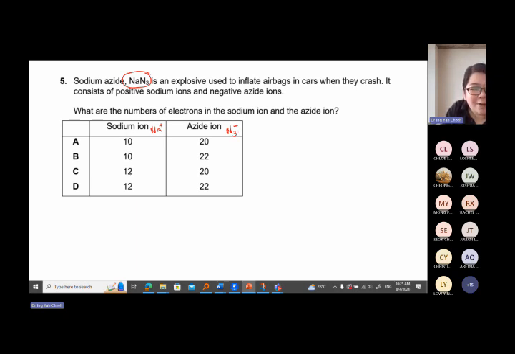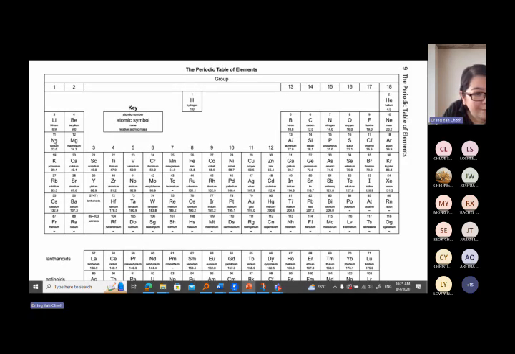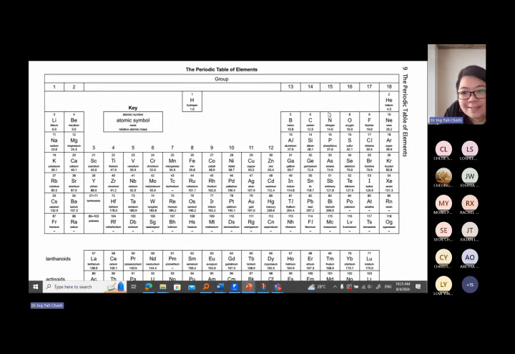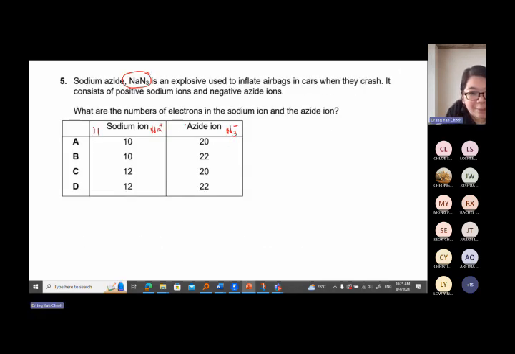For the sodium ion, if you look at the periodic table, sodium's proton number is 11. Azide is nitrogen, so look at nitrogen 7. Proton number is 7. Protons and electrons will be the same for a neutral atom. When we have a cation, that means this atom loses electrons.